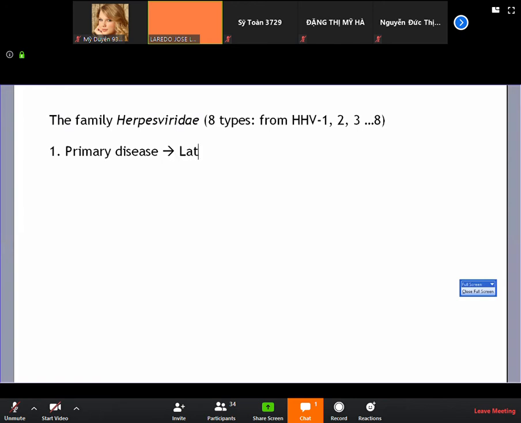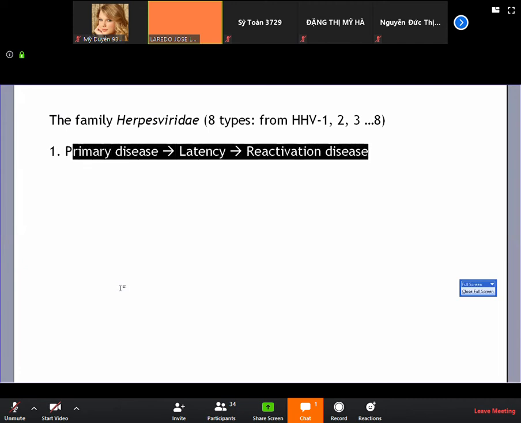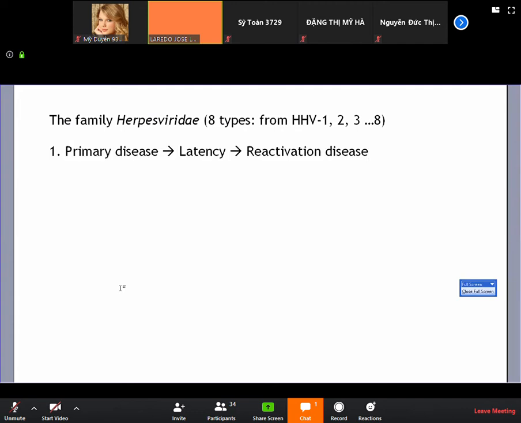After that, they become latent, and sometimes they may reactivate. So they become active again, they wake up, and cause disease again. All of them will follow this picture: primary disease, latency, and reactivation, all the 8 types.